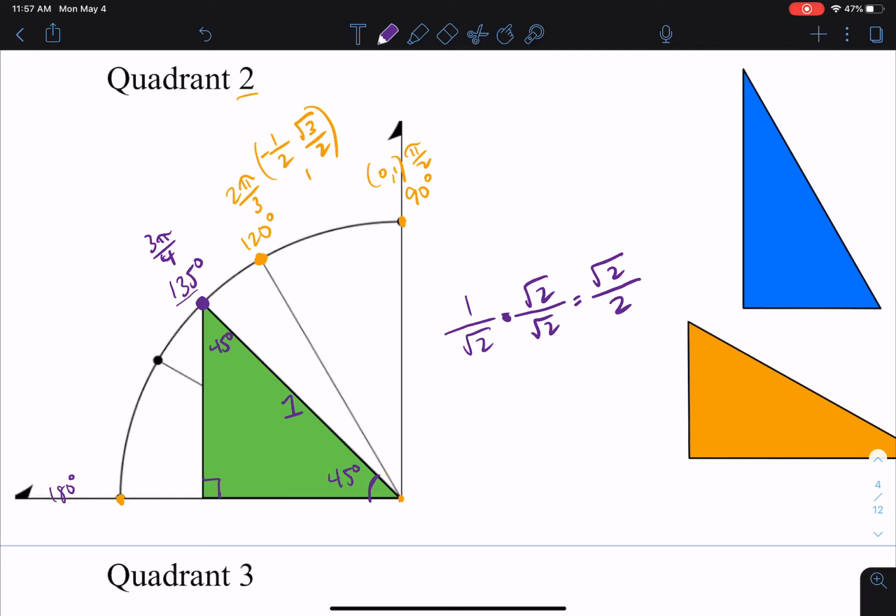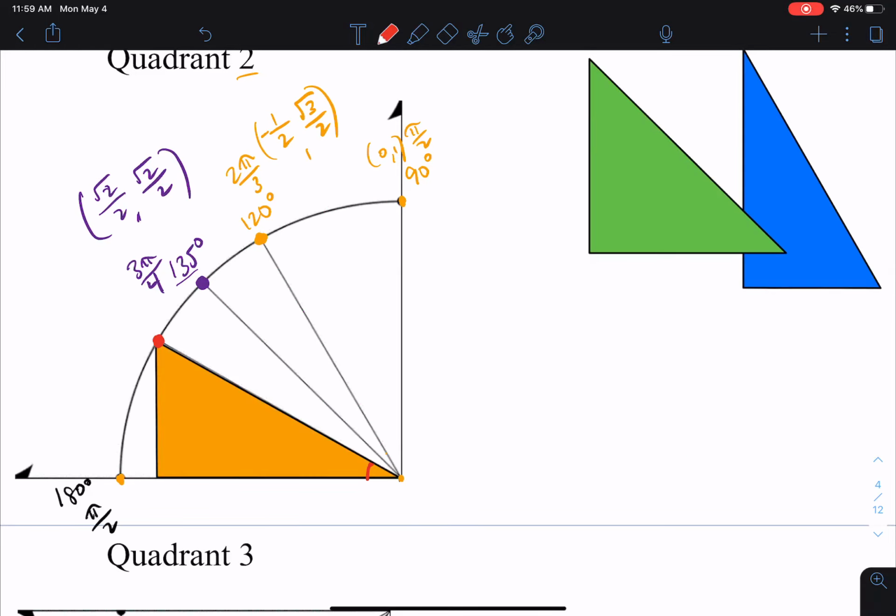So both sides are going to be the square root of 2 over 2. Both lengths are the same because 45, 45, 90 triangles are isosceles triangles. So that means the coordinate here is going to be the square root of 2 over 2, comma, the square root of 2 over 2. That's for 135, which is 3 pi over 4.